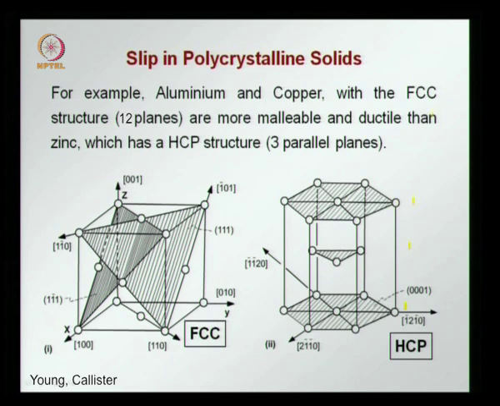So we find that materials with an FCC structure are more malleable and ductile, which requires a lot of slipping to occur when shearing occurs within the system. HCP structured metal will be less malleable and ductile, because the formation of the slip planes is more difficult in a polycrystalline material which has the HCP structure.